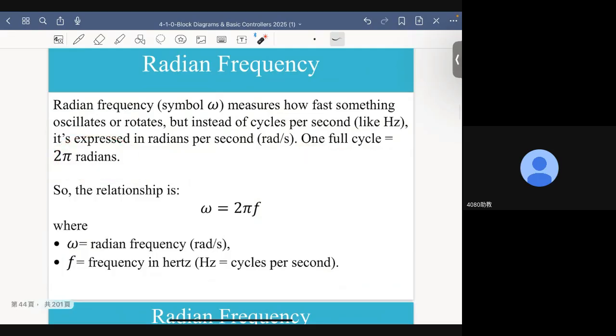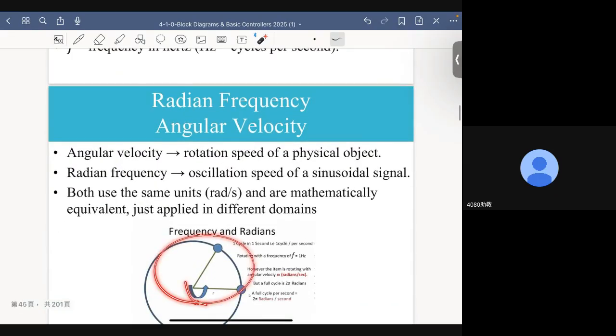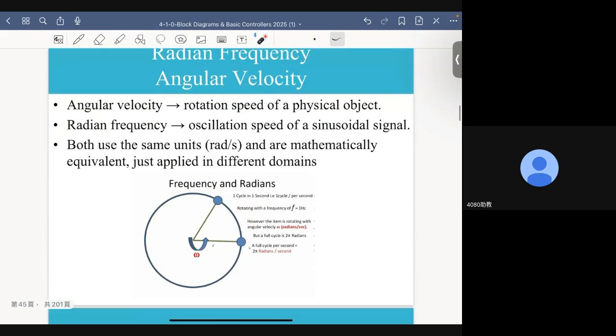How do we visualize that? Let me connect radian frequency with angular velocity. Assume that you have a clock. One period of the clock motion means the pointer moves one complete cycle.